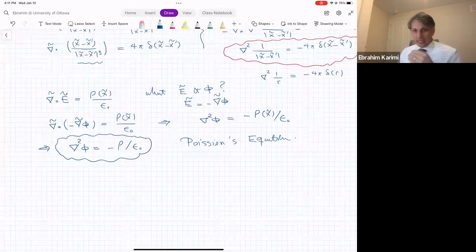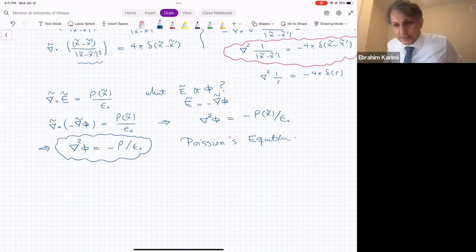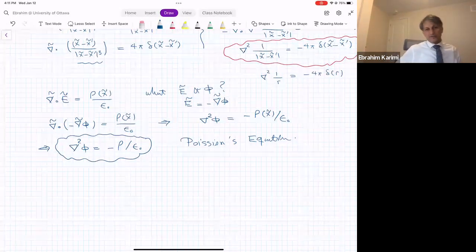Okay, and that will be the next 2 chapters of our study, where we will solve this equation for different boundary conditions. For the case when the potential is given on the surface, when the normal derivative of the potential is given on the surface, and so on. So that's what we care about.